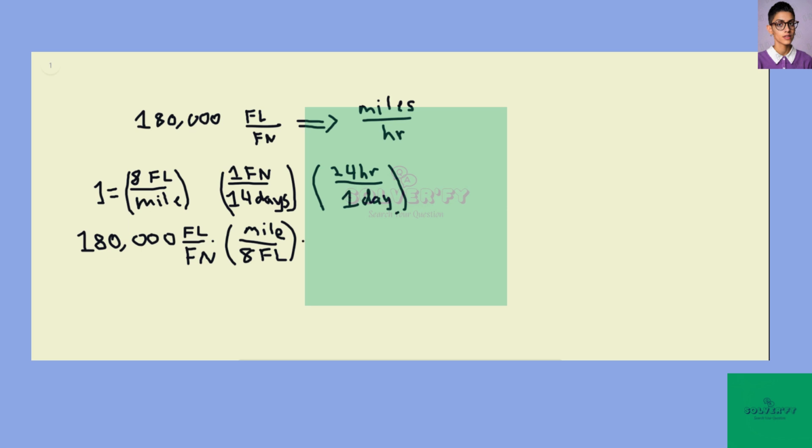Times 1 fortnight per 14 days. Times, and now we want to get rid of the days, so we put it on the top: 1 day per 24 hours.